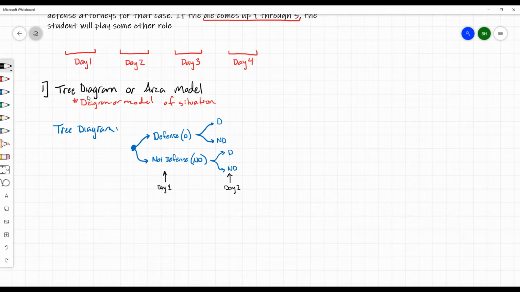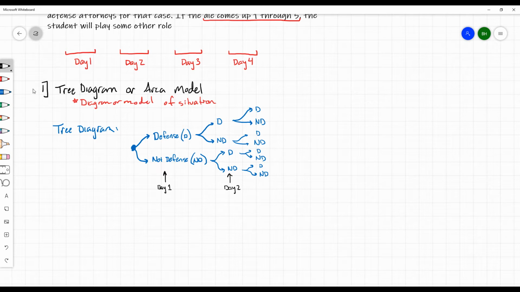So all of this represents the second day. We can keep this tree diagram going: defense, not defense, defense, not defense, defense, not defense, and then ultimately another defense and not defense.